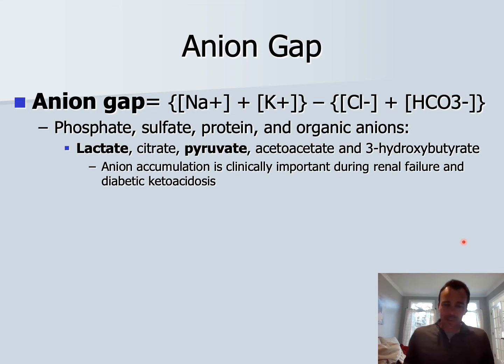So if you look at the concentrations that we showed on the previous slide, if you add up all the cations and subtract the anions, so the phosphate, sulfate, protein, and organic anions, for example, lactate, citrate, pyruvate, acetoacetate, some of those other organic anions. Anion accumulation is clinically important during renal failure and diabetic ketoacidosis.